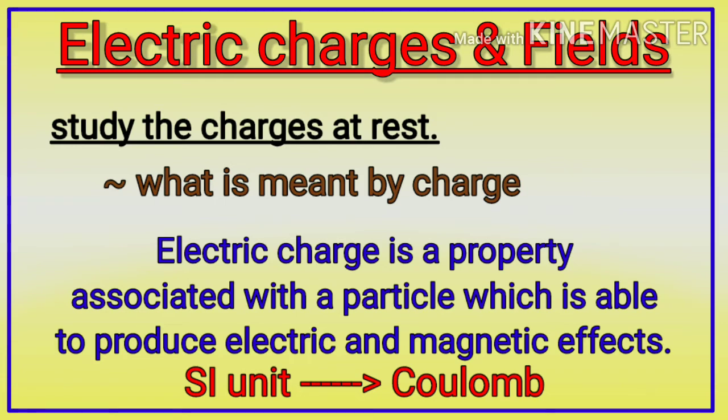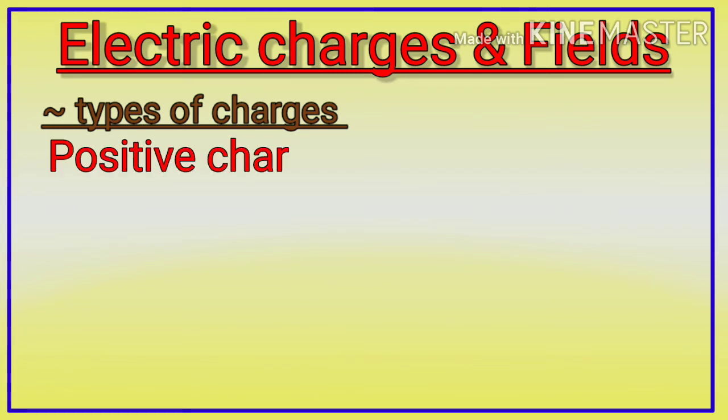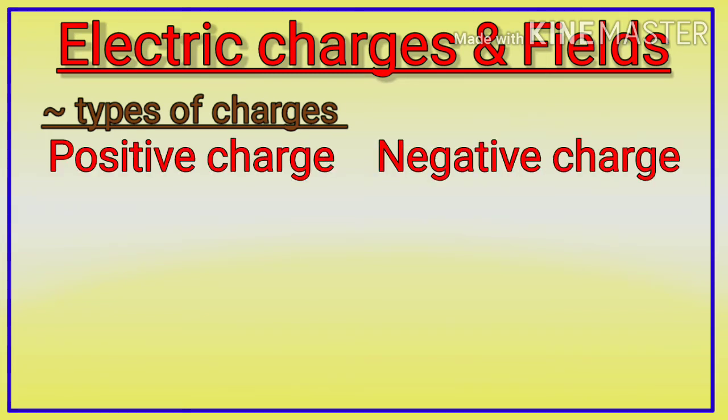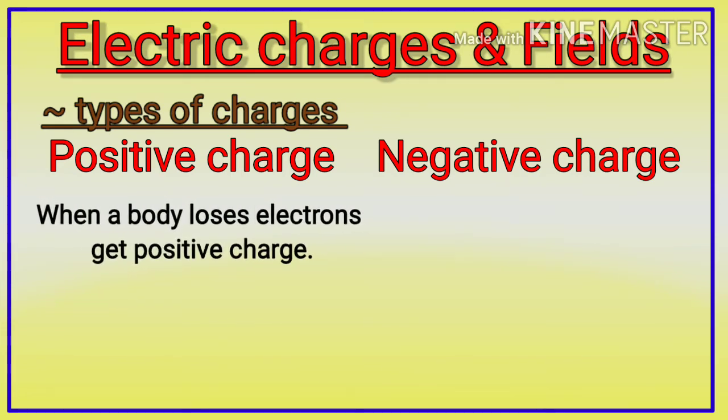Now, how many types of charges are there? Charges are of two types, positive charge and negative charge. What is called positive charge? When a body loses electrons, it is said to acquire positive charge.